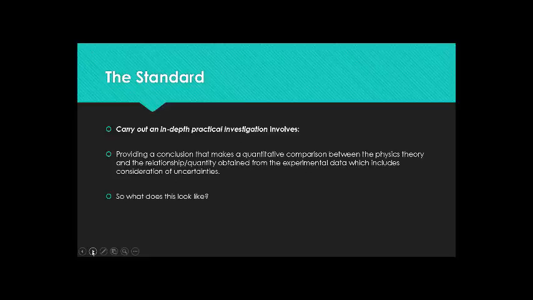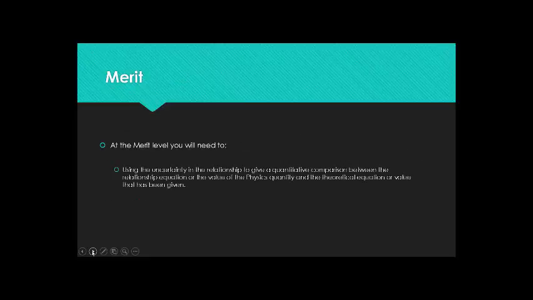So once we've done all this stuff, we need to give a conclusion that makes a quantitative comparison between what we get experimentally and what we've got theoretically. So we actually have to attach values to this. So we use the uncertainty that we get in our relationship, and this time your equation that you get from your line graph will also include information on the uncertainties in the overall equation.